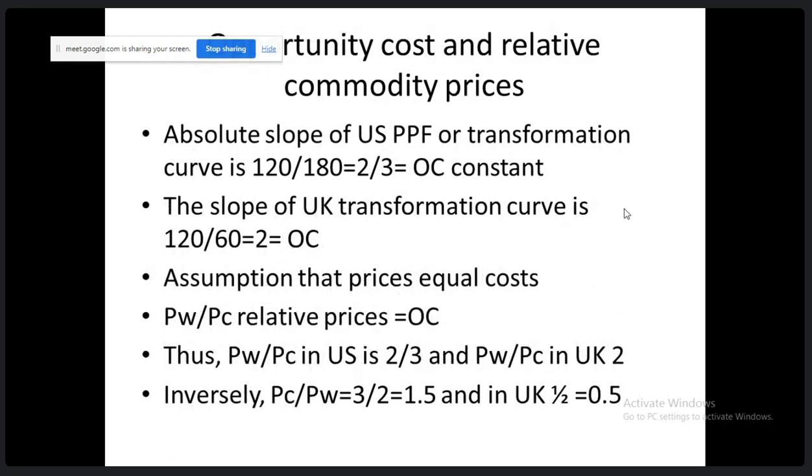So now let us try to see how we can use this opportunity cost in determining the comparative advantage, because our theory is the comparative advantage theory using opportunity cost. So far, is it clear?